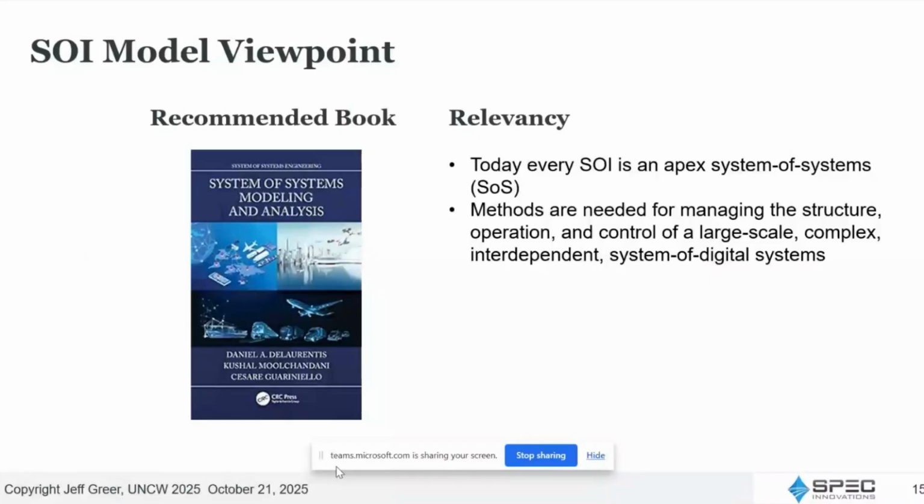I can't emphasize this enough: system of systems engineering is a little bit more involved than just system engineering. So this book has some really good input. There's a whole chapter just on modeling system of systems, and all sorts of different analytical techniques that you might find useful.